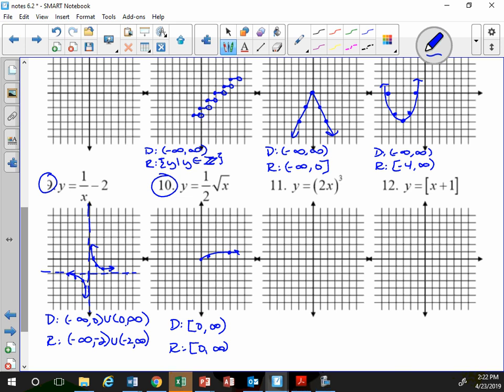Check once you've got them done. How we doing? Okay, easy. Good. Graphing by transformation, I think, is so much easier than plugging in values.